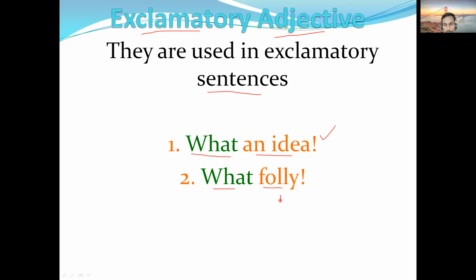So folly is a noun, and what is an adjective. Which adjective? Exclamatory adjective. So a complete sentence can be like this: what an idea it is. Okay, this is your complete sentence, and this exclamatory mark may appear here also. What folly it is. Similar here also.